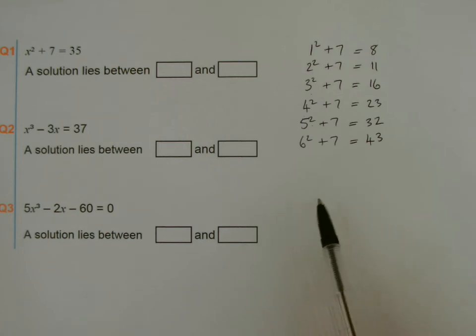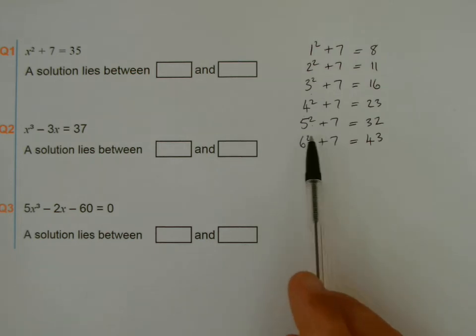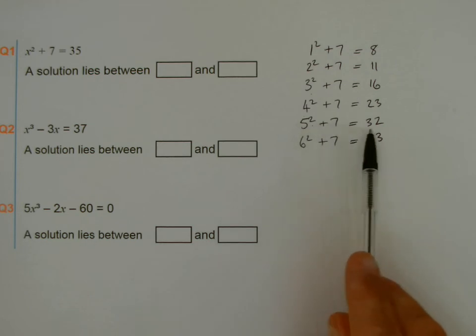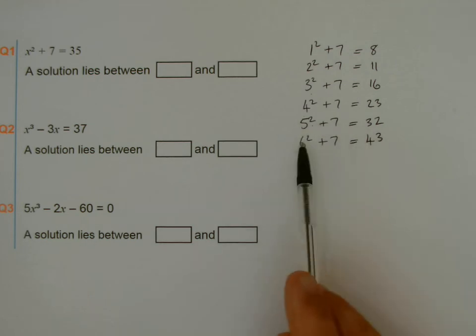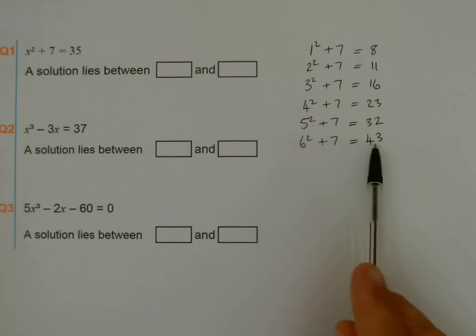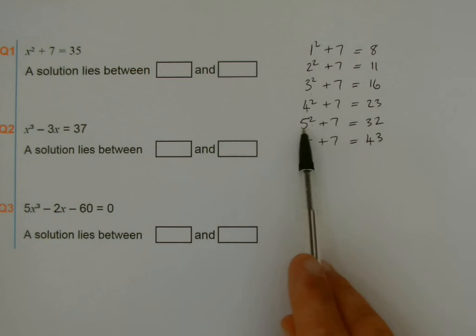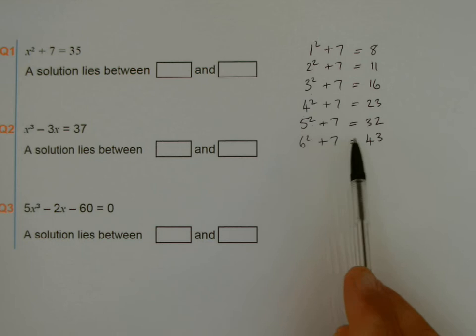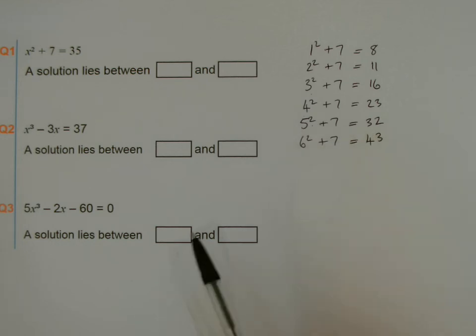But what I do know is that when I set x to be 5, the total comes to 32. When I set x to be 6, the total comes to 43. If I want the total to be 35, it's got to be somewhere between 5 and 6. 5 point something, to give me 35.